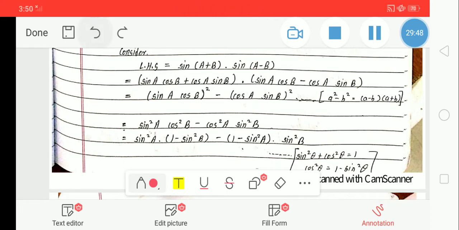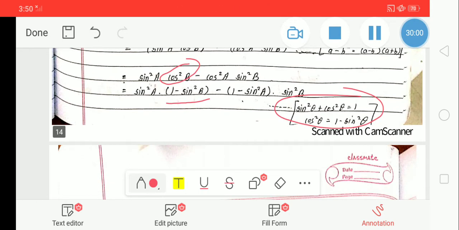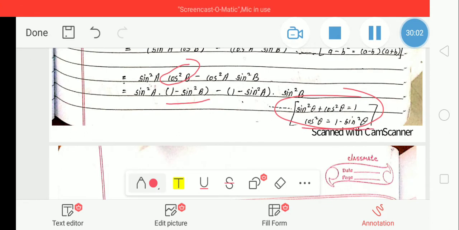Now we know that cos square b means 1 minus sin square theta, we use this one: sin square theta plus cos square theta is equal to 1, so cos square theta is equal to 1 minus sin square theta. In this also we use sin square.